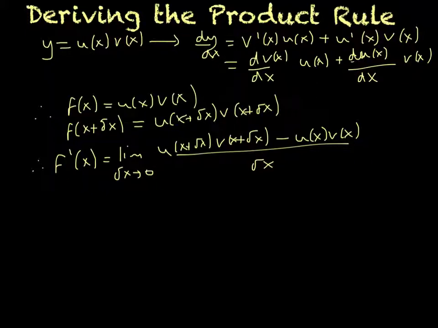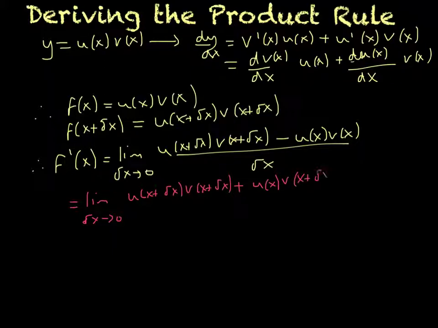So what we're going to do is a little trick here, and I'm going to add a u of x and v of x plus delta x in here, and then I'm going to take it away.